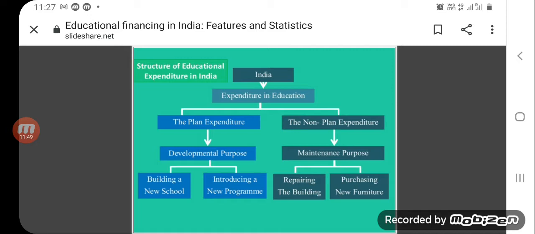For example, if you have some courses in a college, and you approve a new course, then it is a new thing. So the expenses for that new course will come under plan expenditure.